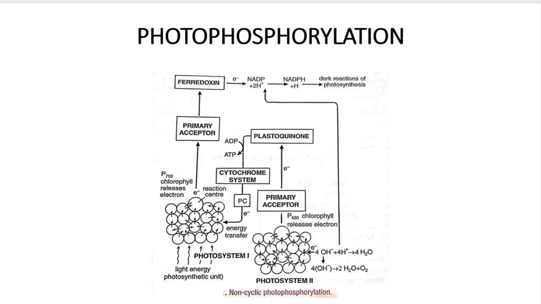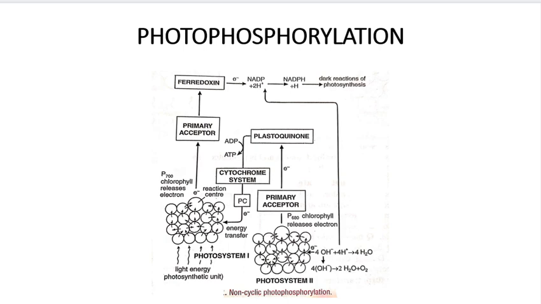You can see that, as I told you earlier, there are two photosystems working in unison, and non-cyclic photophosphorylation is the main process in which plants harvest the light energy. It is accomplished through non-cyclic ETS, or electron transport. Here in the diagram, both photosystem 1 and photosystem 2 are involved.